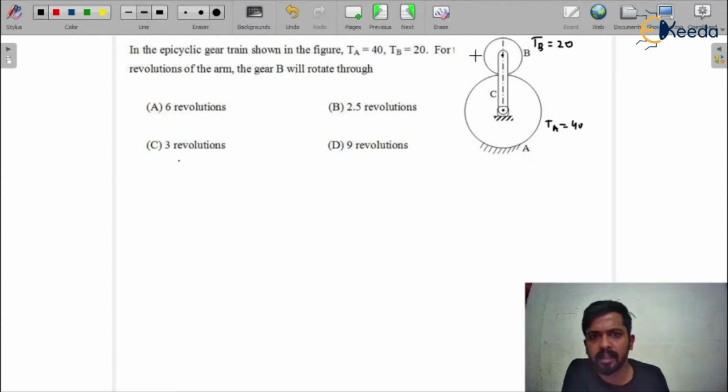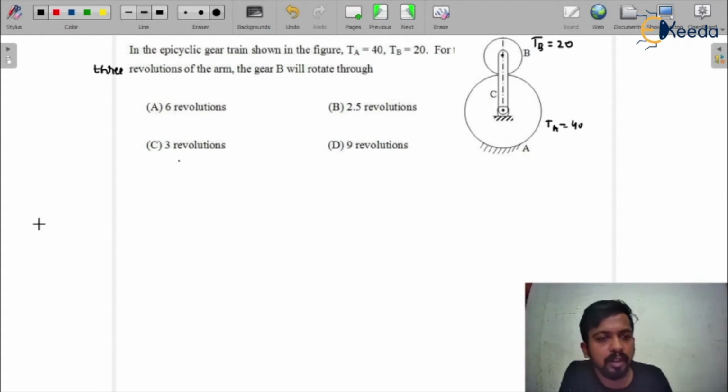And what is asked? For 3 revolutions of the arm, the gear B will rotate through.